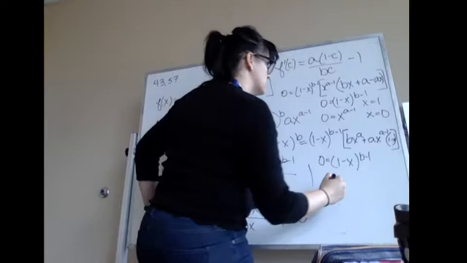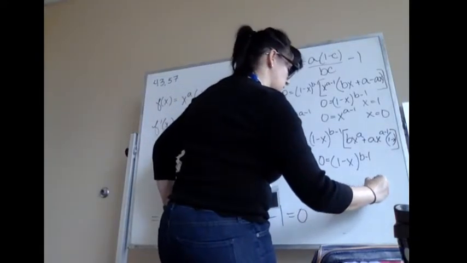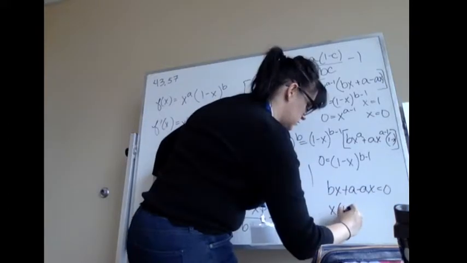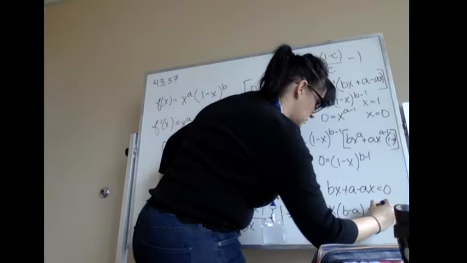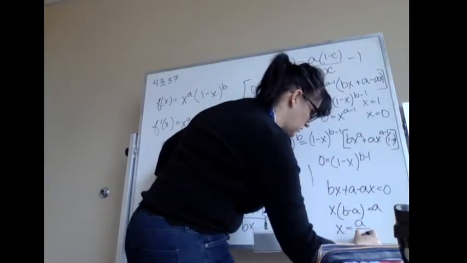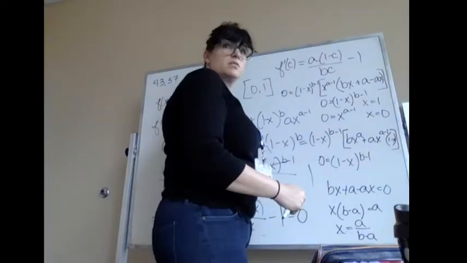And then bx plus a minus ax equals 0. There's a third critical number. Is that, you got the same thing?